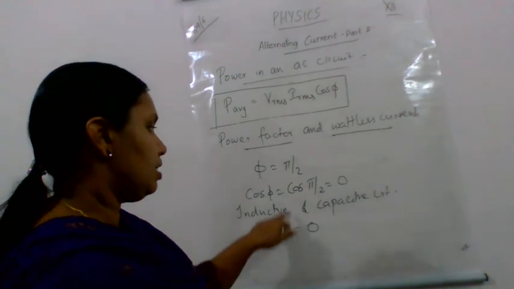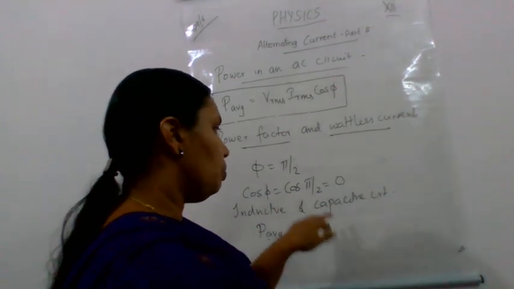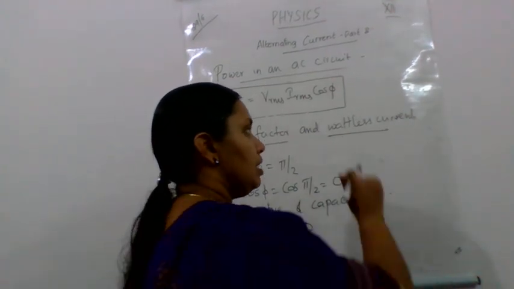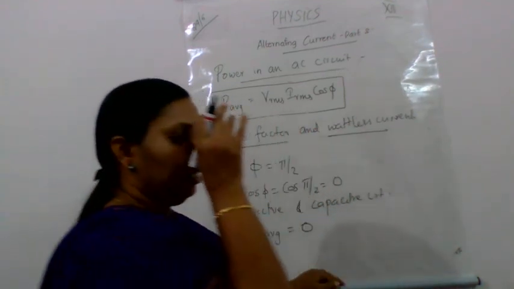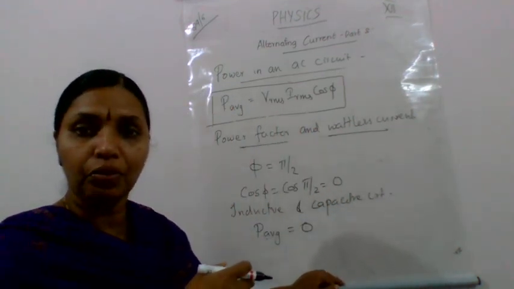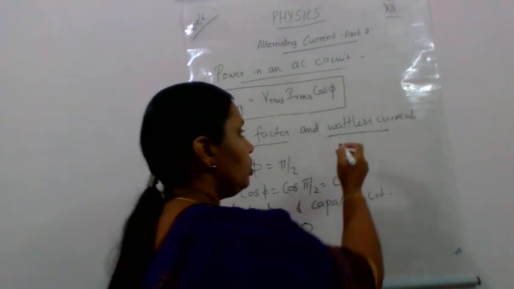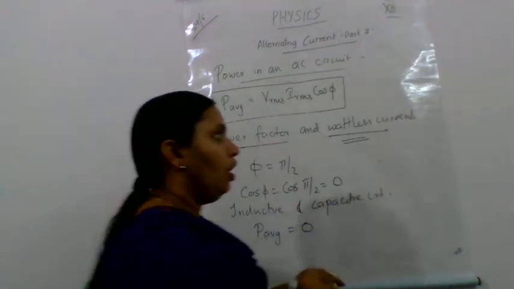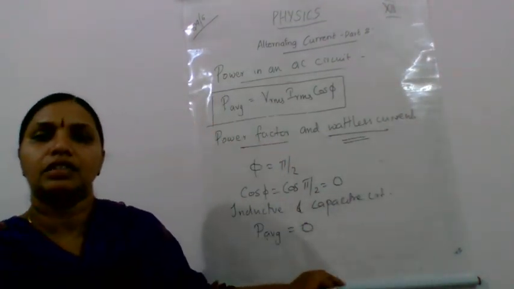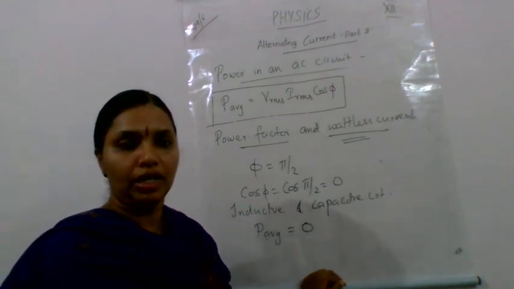When AC passes through the inductor and capacitor, the work done, that is the power consumed, is equal to 0. Such current is known as wattless current.